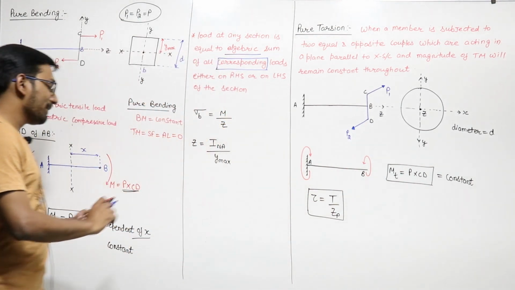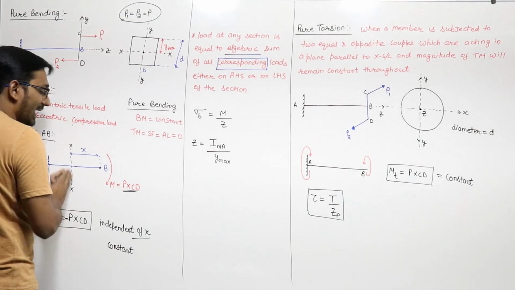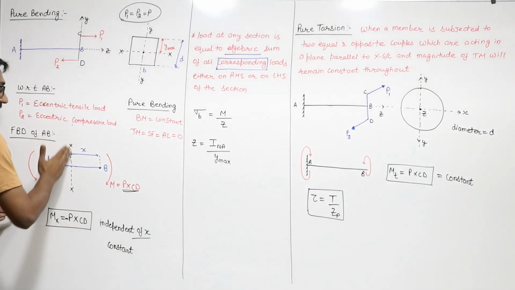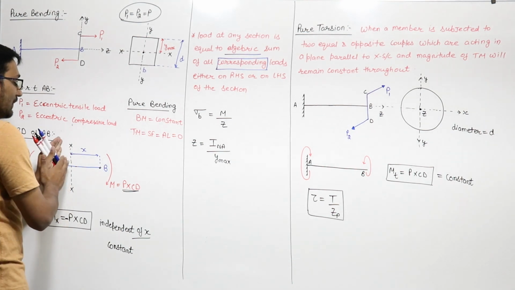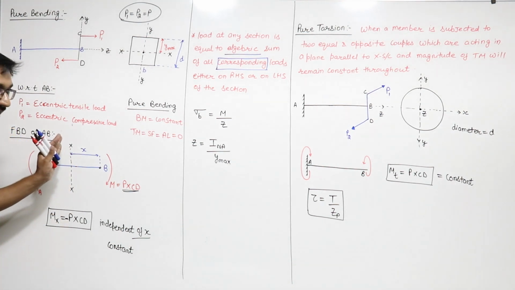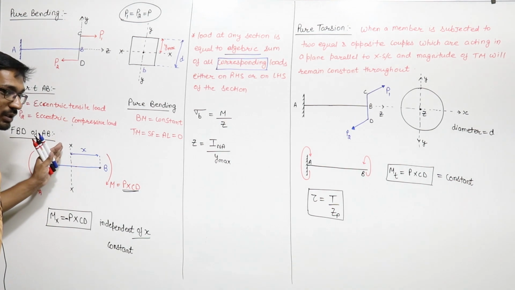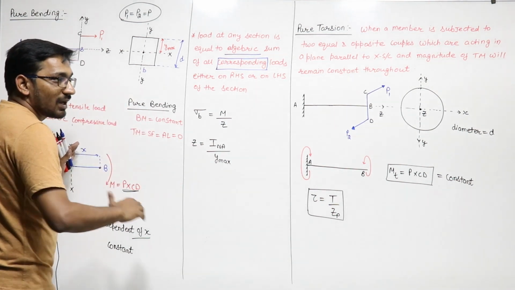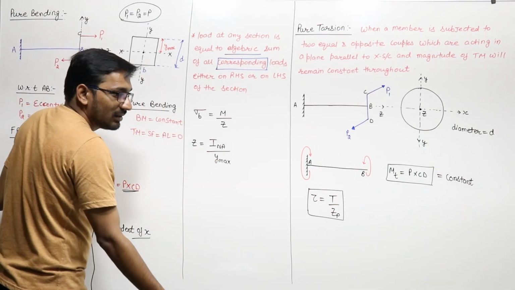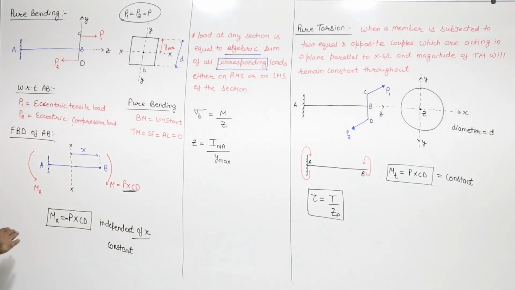So if I want to calculate the bending moment at this section XX, then the bending moment at section XX is equal to the algebraic sum of all the bending moments either on the right hand side or on the left hand side.